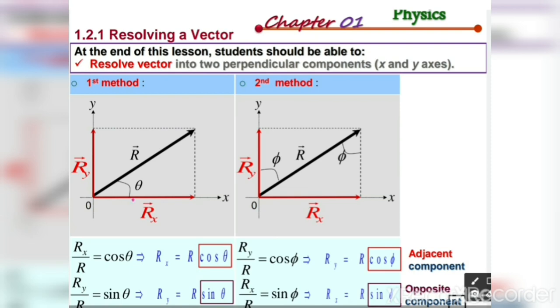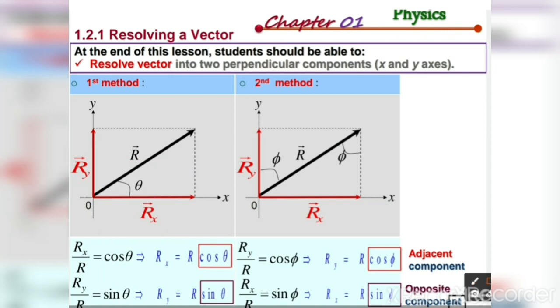So your Rx is adjacent to the angle theta, and your Ry is opposite to the angle theta.